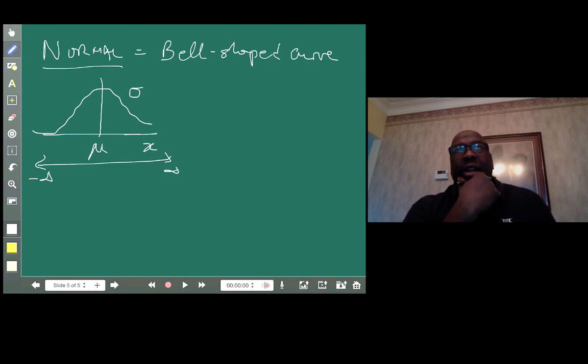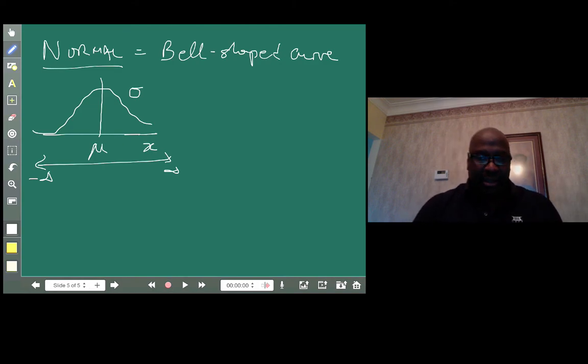Well, if there are 13 by 2, 26 classes, then it's finitely countable, between 0 and 26. And so we are concerned about the normal distribution, which is a continuous distribution. The reason it's so popular is, as I said, there are many phenomena in real life that can be modeled by the normal distribution.